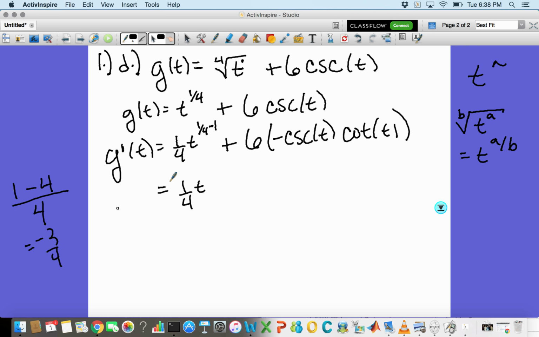And again, this is multiplied in here. I just don't write the dot. Minus the derivative of sine, which is cosine. So we have cosecant cotangent plus cosine x if I distribute the negative.